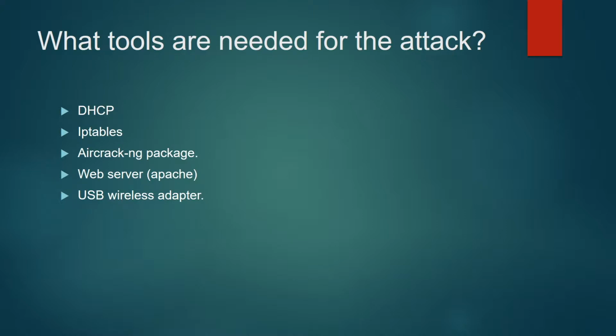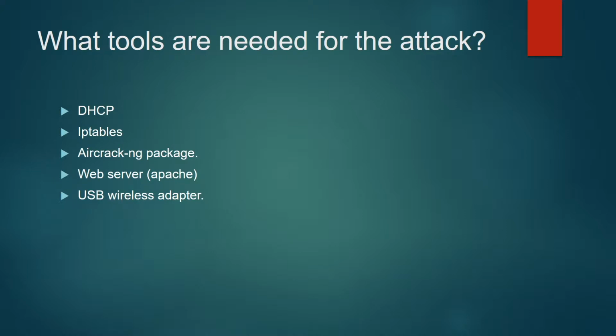Of course we need some kind of web server, because whenever someone connects to our AP, he's going to get prompted with some fake pages, and those fake pages must be hosted somewhere, and that somewhere is our web server. In this video we're going to use Apache, and as we said before, we need a USB wireless adapter, and we need the adapter connected to the internet or not. We need two adapters basically.